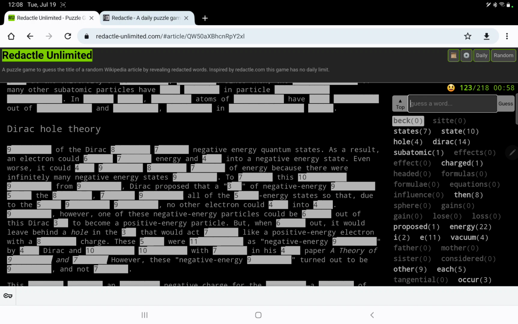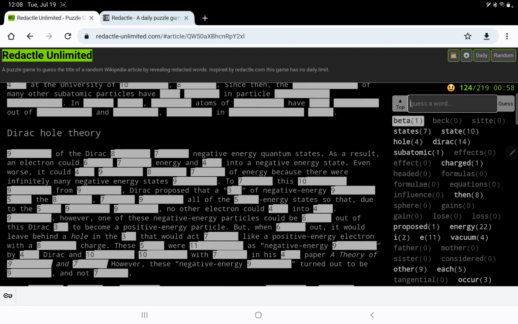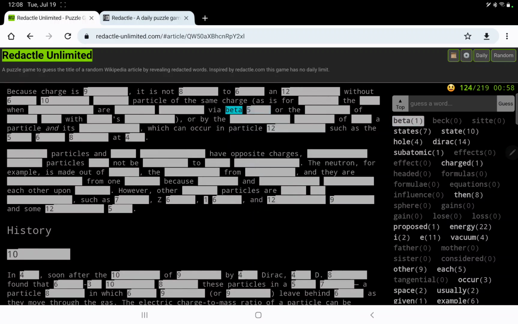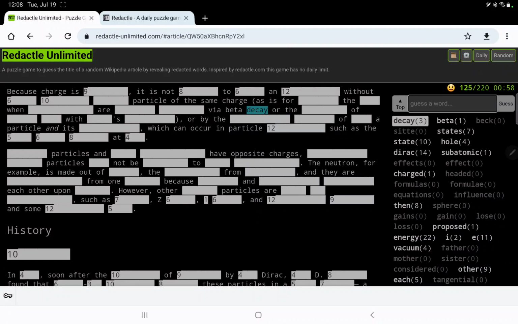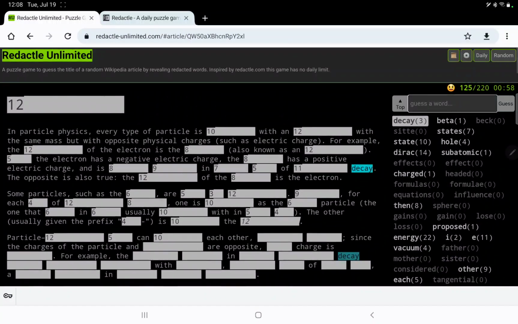Odelay, no. Oh, beta decay. Well, we do have one beta via beta decay, I guess. There we go. So still not finding what this is, but at least we filled in the word decay.